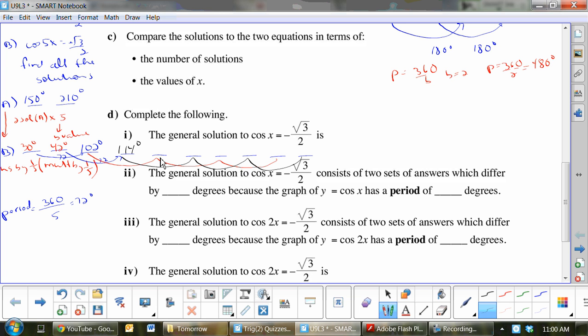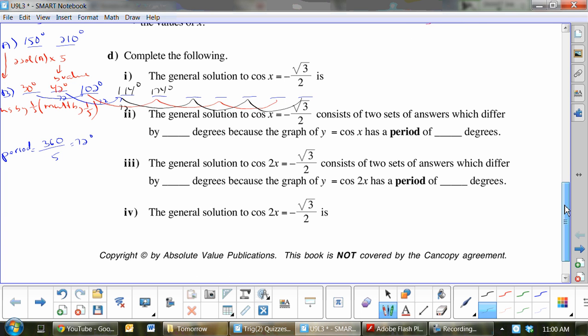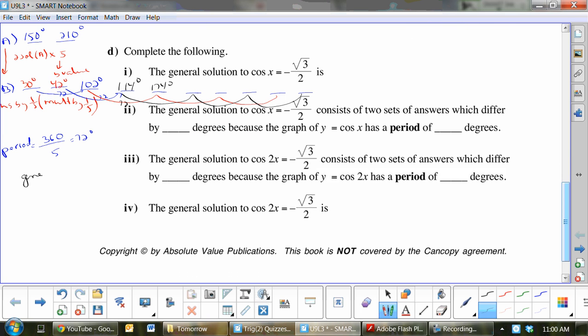So that'd be 174 because I'm going to add 72 to that one. Now, what would be the general solution? The general solution for cos 5x equals negative root 3 over 2.